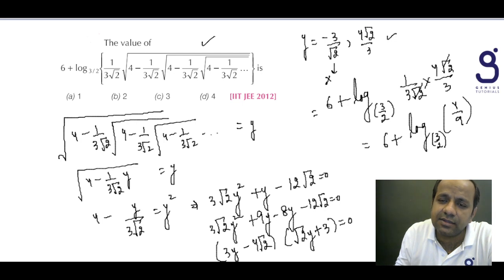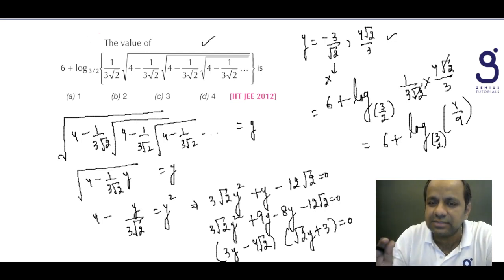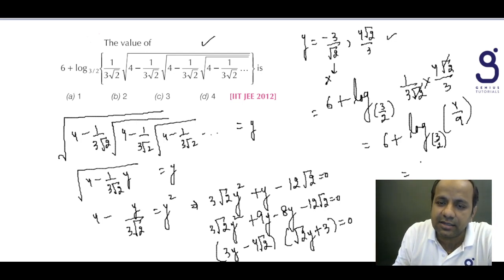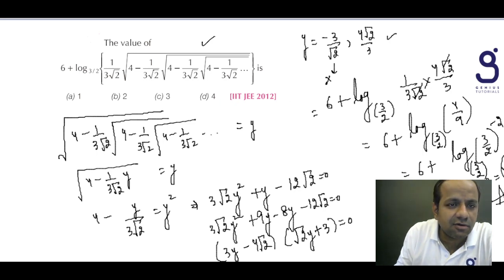Now 4 by 9 is nothing but 3 by 2 whole to the power minus 2. You can rewrite it as 6 plus log of 3 by 2 raised to the power minus 2. Base is 3 by 2 only. So this minus 2 will be left, and we can say 4 is the final answer to the question. Let's see out of these 4 options.